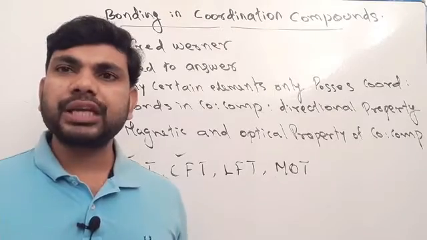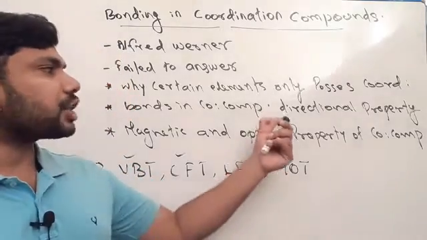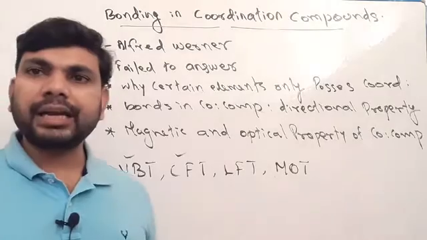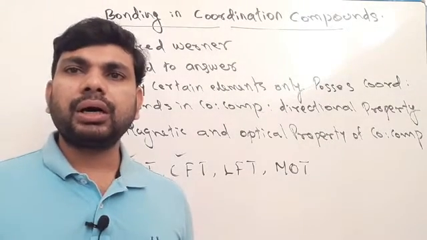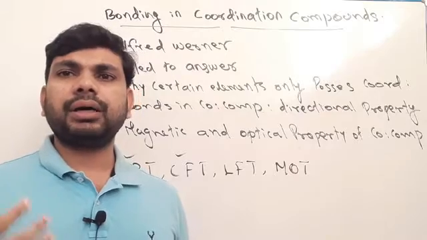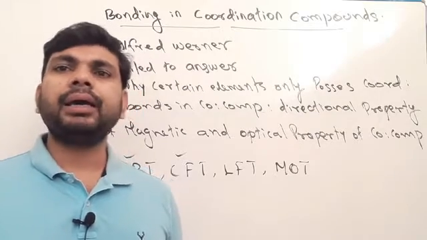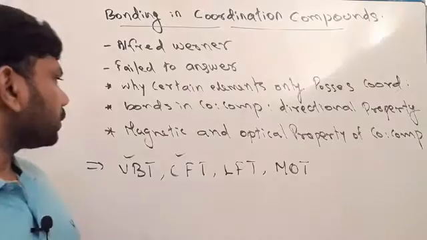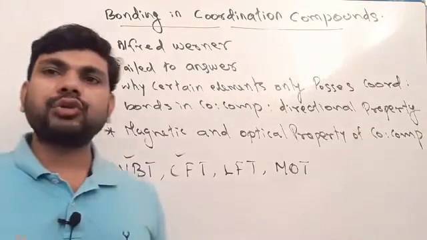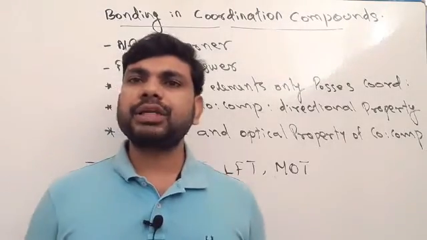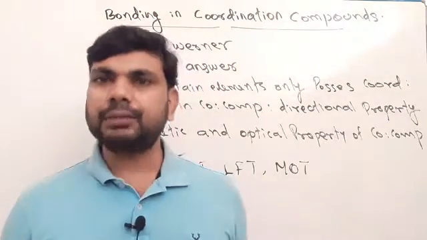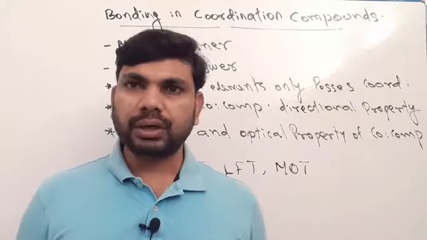Bonds of coordination compounds are directional, and this directional property also cannot be explained by Alfred Werner. Also the magnetic property and optical property of coordination compounds are not explained by Alfred Werner.